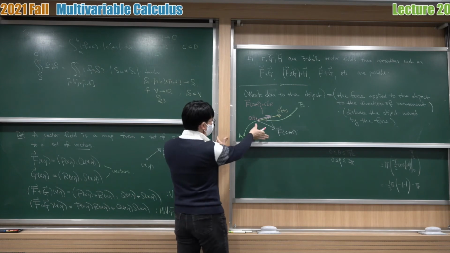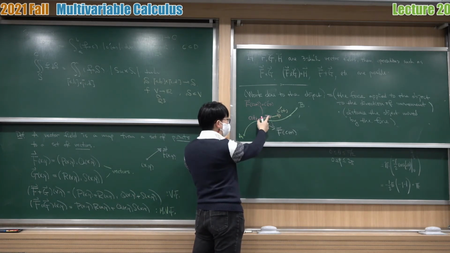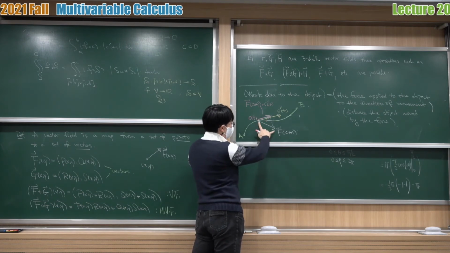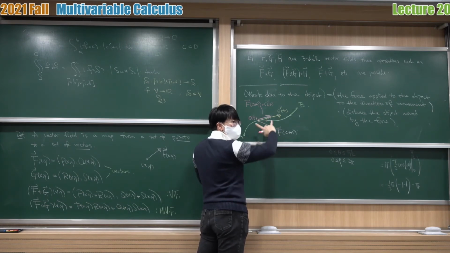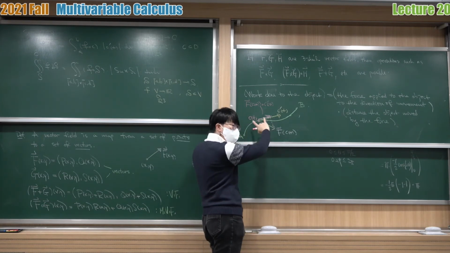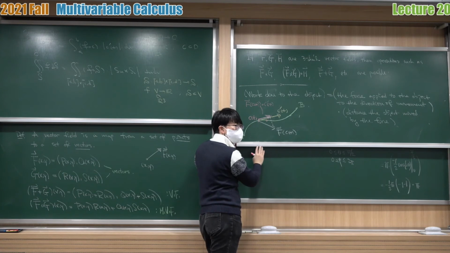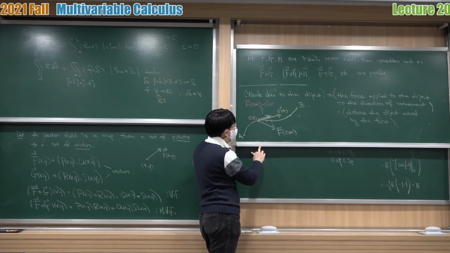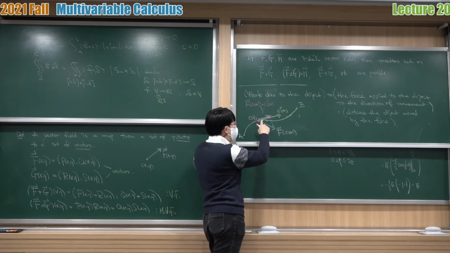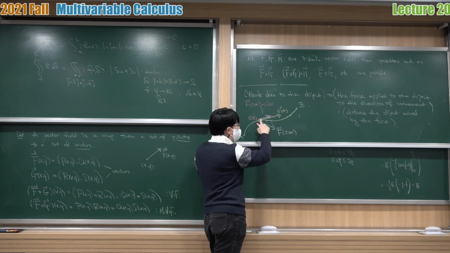We are trying to get a vector using these two vectors, this projection vector using vector F and vector C prime. We're not talking about the delta t here, so we are talking about the instant direction at time t. So we only need to multiply this vector with the cosine theta, right?